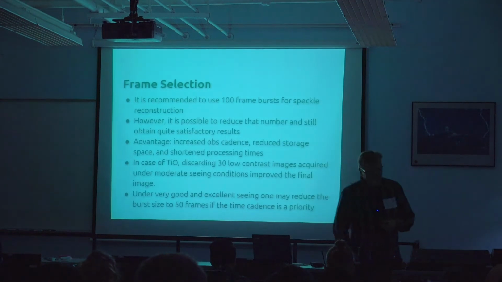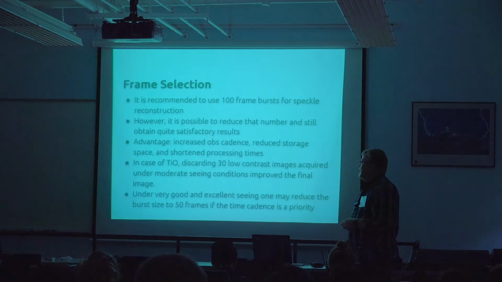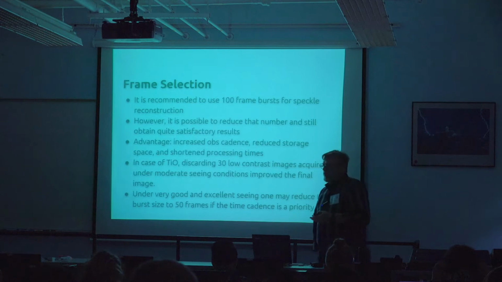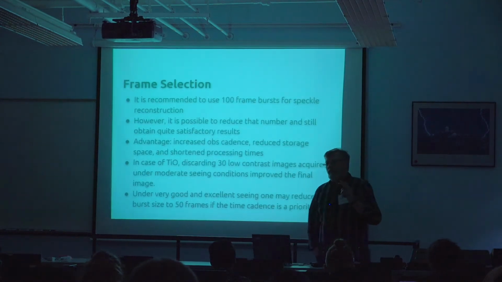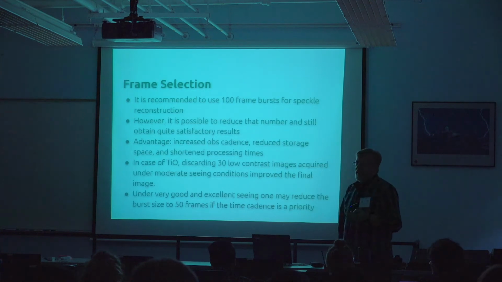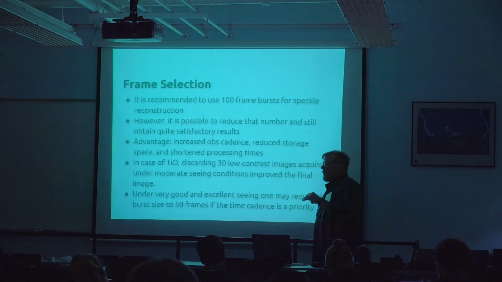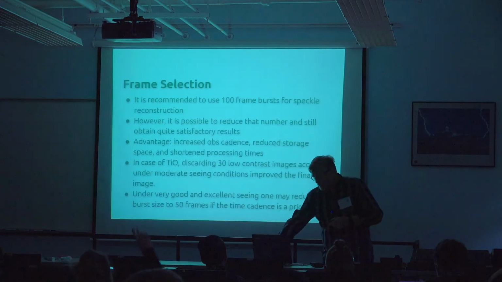For us it was important because you spend less time on saving data, and it also shortens processing time and storage. So, for example, when we observe the photosphere, we found that we can throw away the 30 worst images and still get a quite acceptable result. When you have really good seeing, you can drop about 50 images and still have good data.